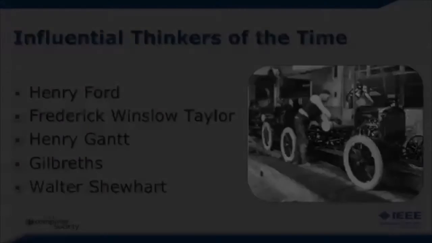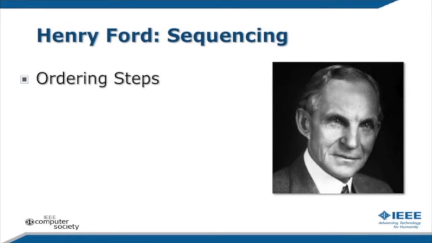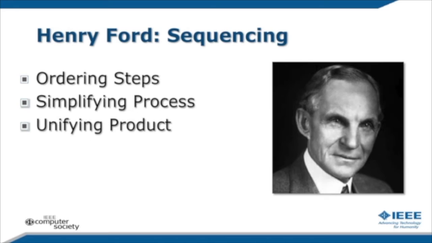Ford, of course, is the giant of the age. He understood the need of analyzing, of breaking apart steps of production and ordering or sequencing those steps. He explained the need of simplifying manufacturing processes, of having a unified product, and finally of controlling the information flow in production.